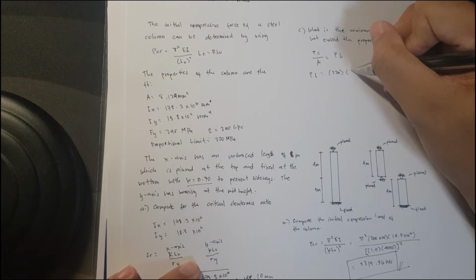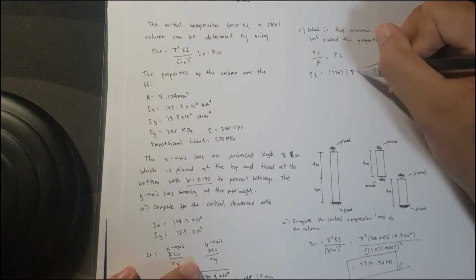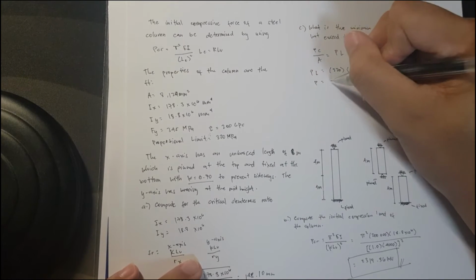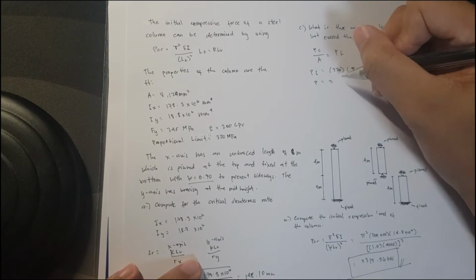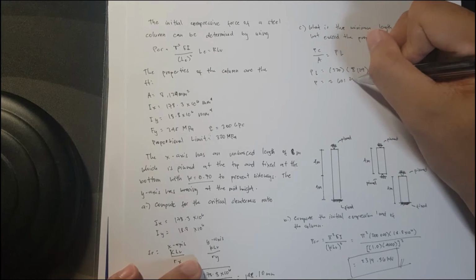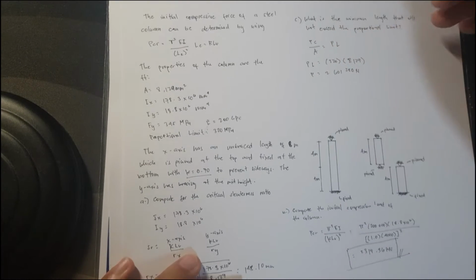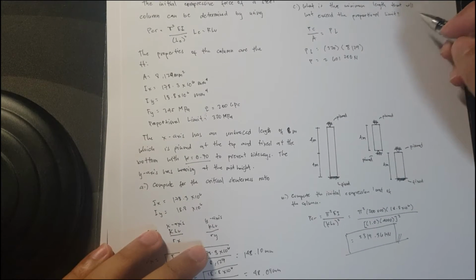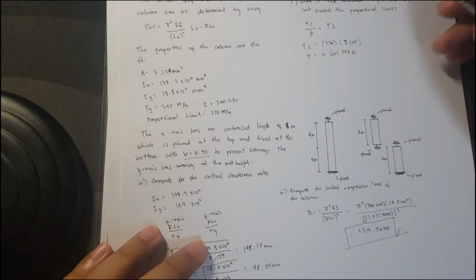Given din yung area natin, 8,129. So natin is 2,601,280 Newton. So hanapin na ngayon natin yung minimum length that will not exceed the proportional limit.